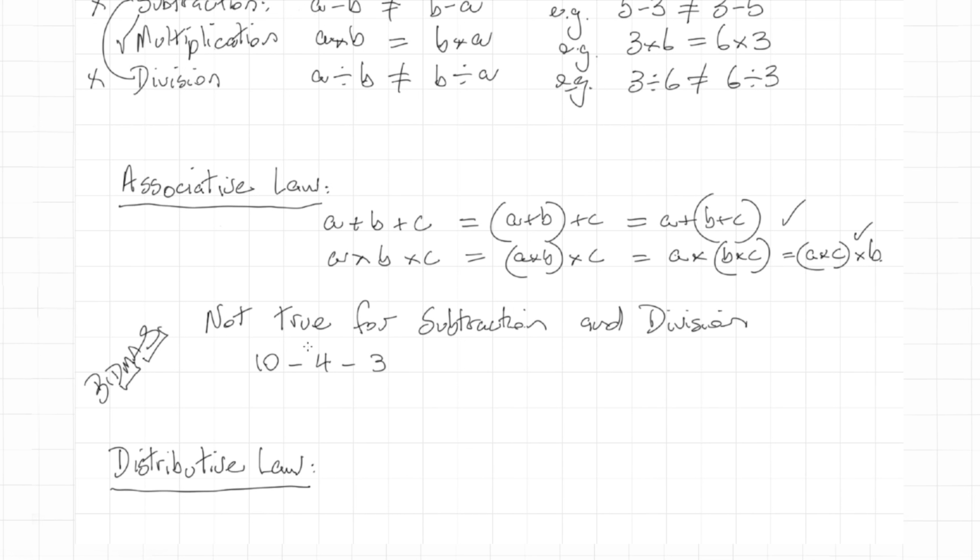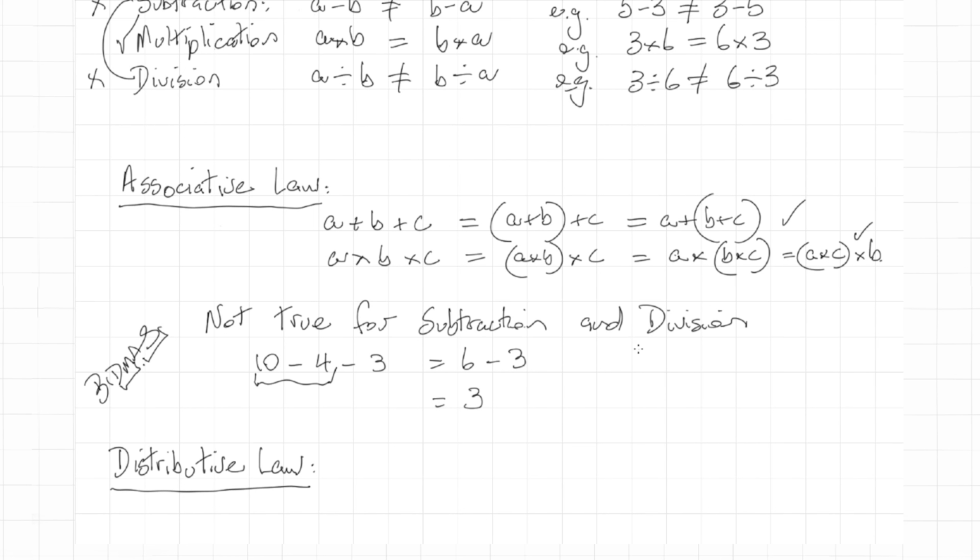We work from left to right. If you took 3 from 4 and got 1 and then took the 1 away from 10, you get an answer of 9, which is not the correct answer. We work addition and subtraction left to right, so we'll do that one first. 10 minus 4 is 6, and then we take the 3 last, and we get an answer of 3.